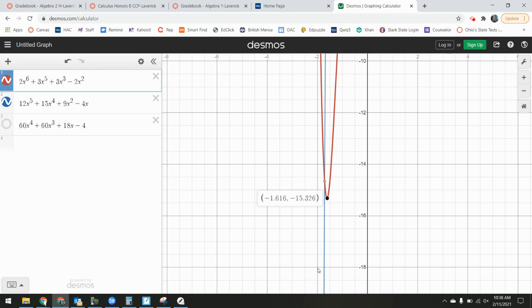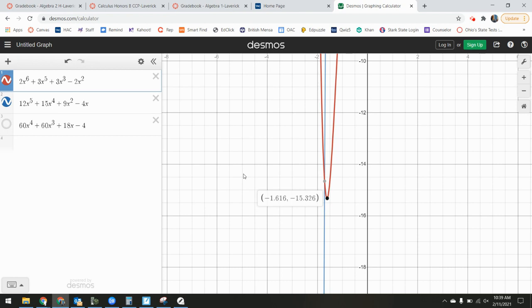Okay, so here's what I need to see. I know we're not really writing a lot of stuff down. Here's what I need to see for each problem. I want to see screenshots of your first derivative, your second derivative, as well as the original function. I want you to reveal all the critical points of all of those, and I want you to show where they line up. It will also ask you to identify the intervals.